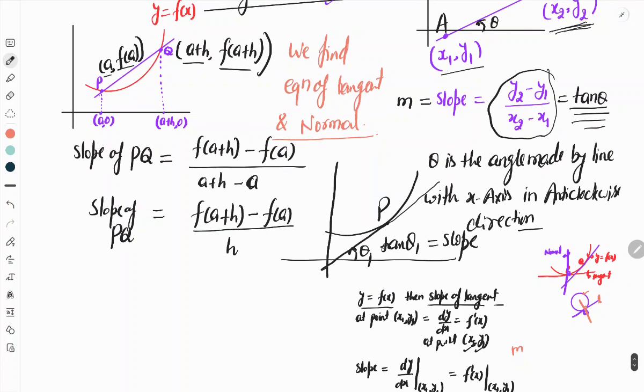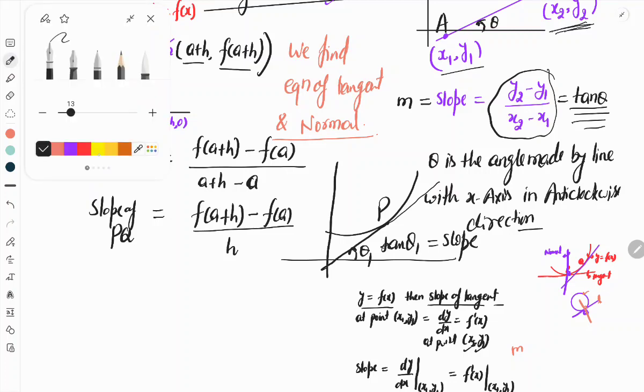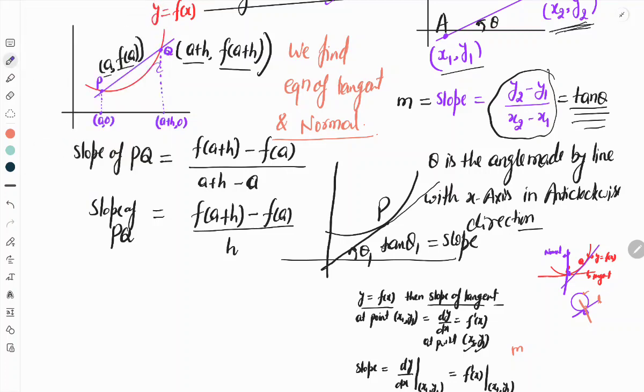Now I am saying the PQ line will become the tangent if Q starts shifting slowly towards P. If Q is shifting slowly towards P, and is very near to P, and is going to reach P, then this line will become like this. Just see once.